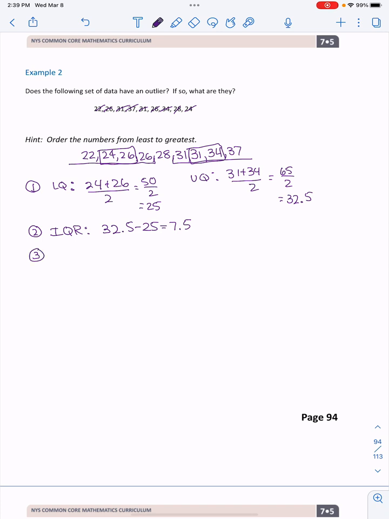Step number 3, we are going to multiply by 1.5. Step number 4, we're going to add 11.5 to 32.5. And we get 43.